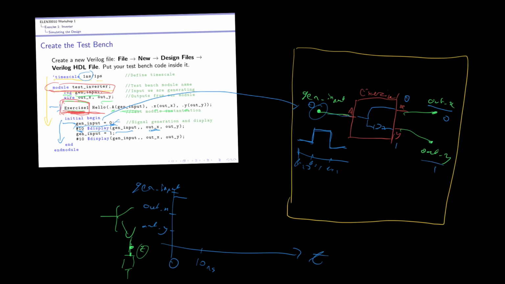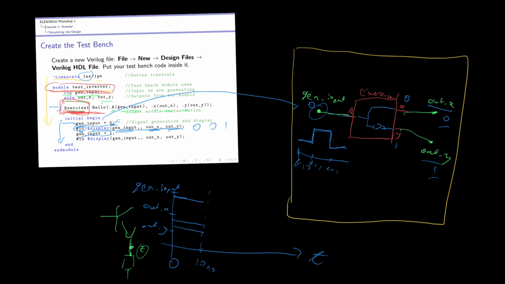So therefore, after having waited 10 nanoseconds to give everything time to settle down, this display statement is going to print out 0 for the input, out x is going to be 0, and out y is going to be 1. Then immediately after doing that, we change gen input to a 1. So on my diagram here, I haven't caught up yet, my gen input is 0 along here, all the way up until 10 nanoseconds, and out x is going to be 0, and out y is going to be 1.